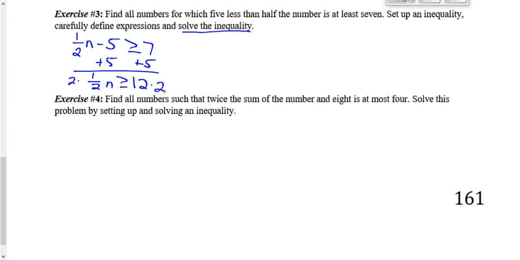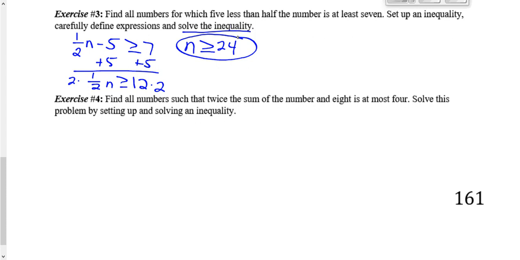And what do we get? n is greater than or equal to 24. It could be 24 or 25 or 26 or 1,368,412, right? Anything greater than or equal to 24.